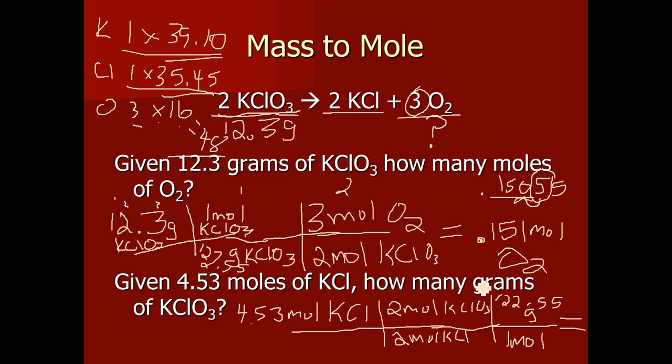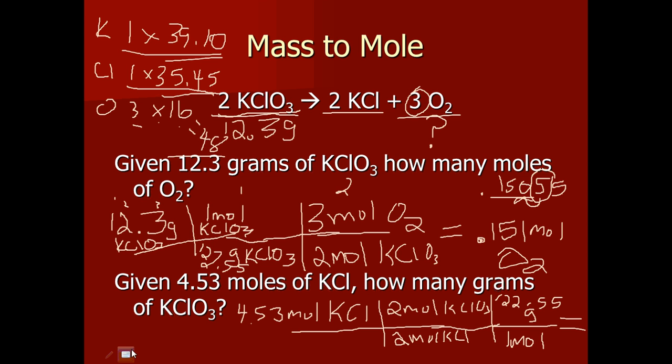So we got 4.53 times 2 times 122.55 divided by 2 equals, let's see, hold on. Equals 555.1515.